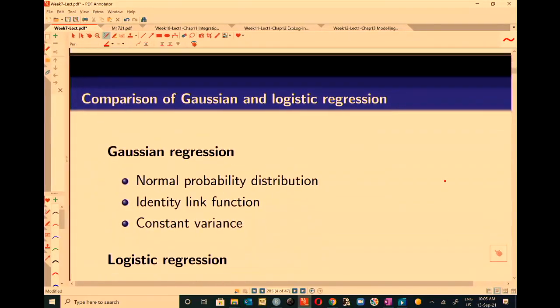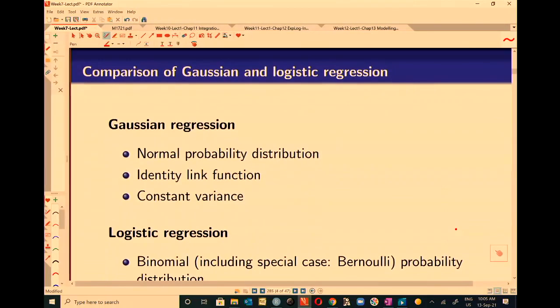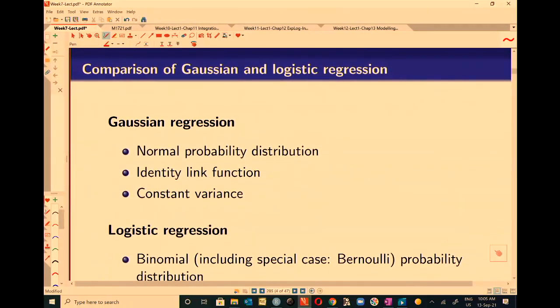If you compare this with the normal regression model, or Gaussian regression model, what we expect is that the residuals will be normally distributed. The link function is identity because we actually model the mean itself.